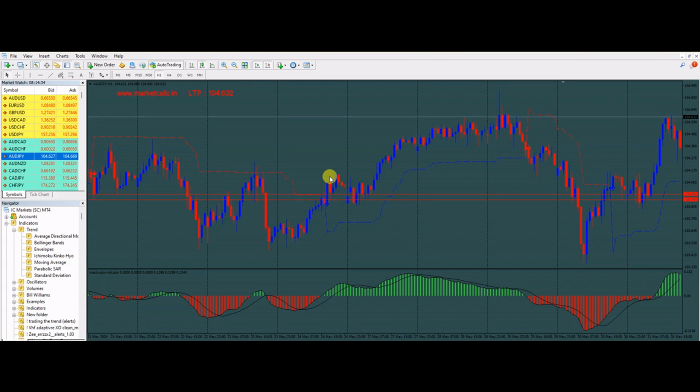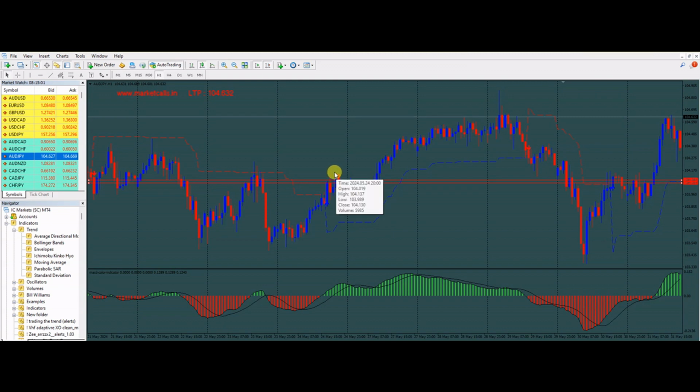Here I have another signal telling me that this super trend is there, the market is about to go up. Okay, so what do I do? I place my horizontal line at this point, and I wait for price to break above.